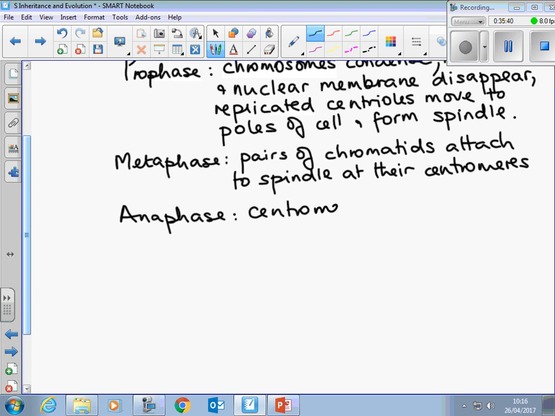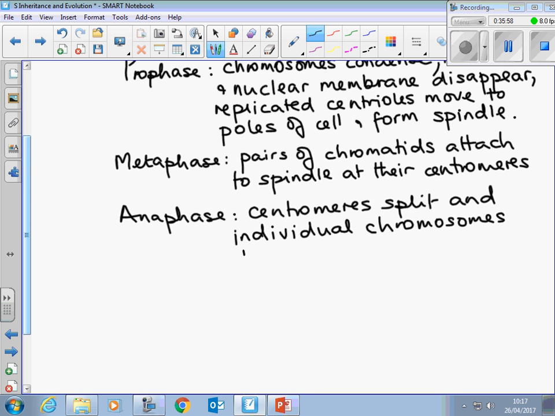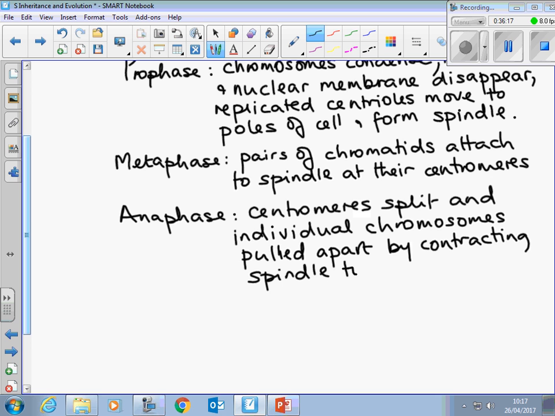So centromeres split, and I'm going to say individual chromosomes because I wouldn't call them chromatids now. They've been restored to being chromosomes, I think. Pulled apart by contracting spindle tubules.